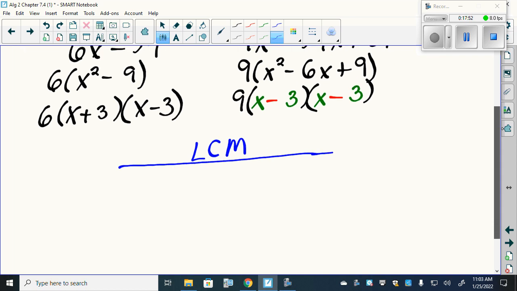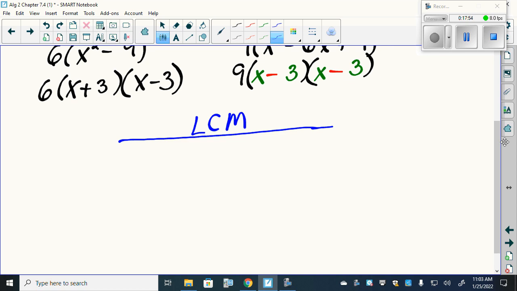Least common multiple. So again, we're trying to see what do I need to do to both of these here, or what can I take from both of these to make them be the exact same. So the first thing we can look at is the 6 and 9. Now the multiples of 6 are 6, 12, 18, 24, and we can go further than that if we need to.